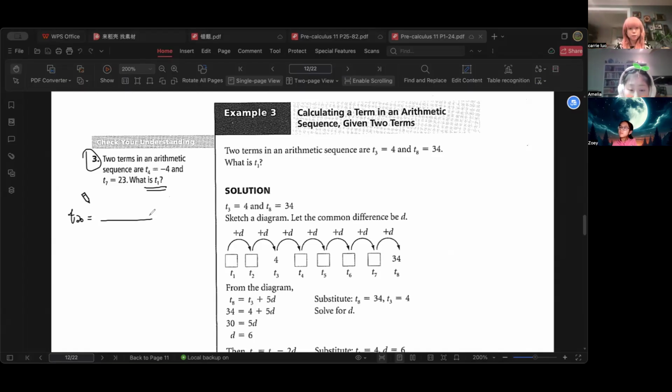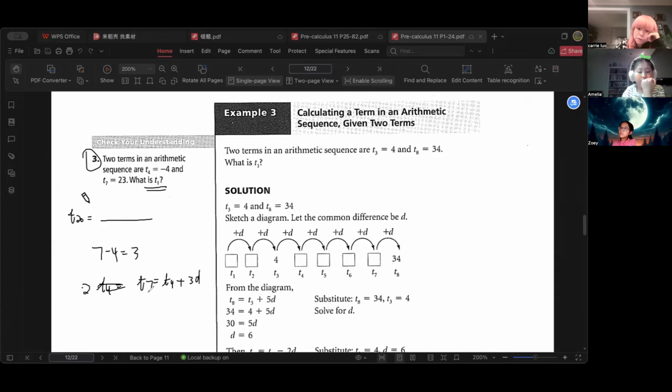So can you tell me how many differences there are between T4 and T7? 7 minus 4 is 3. Yeah. So T7 actually equals T4 plus 3 differences. Do you agree with me?